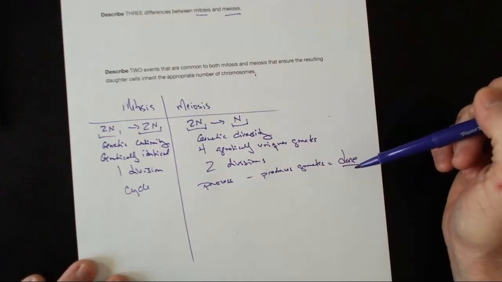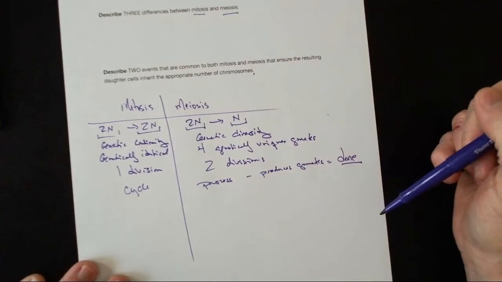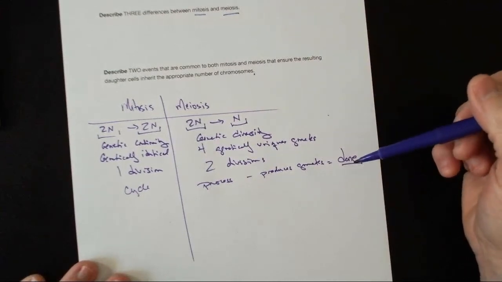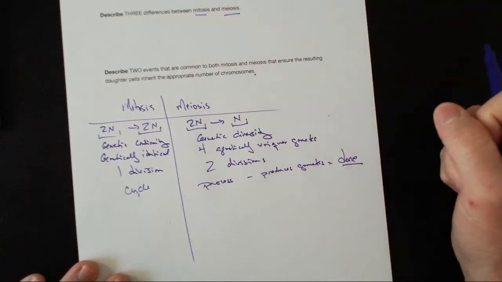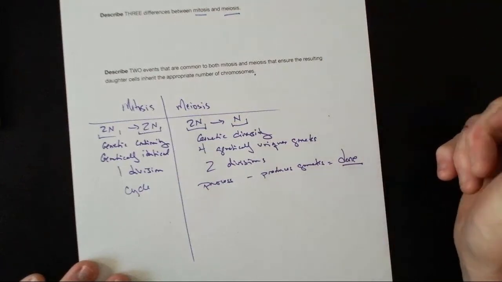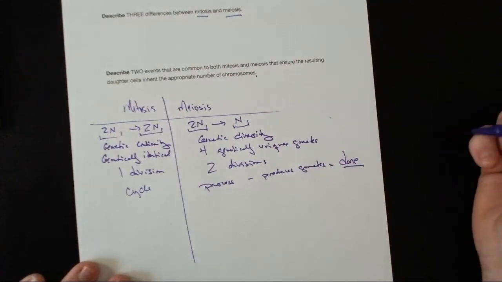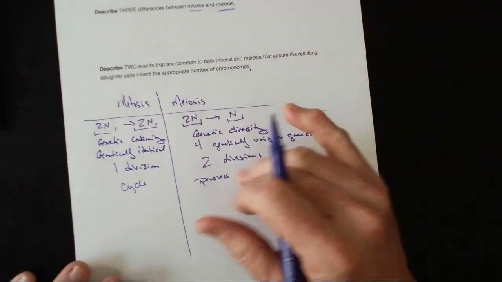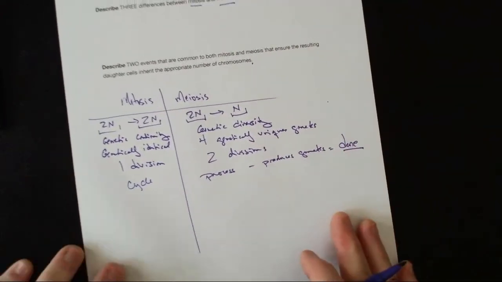Each one of those does not typically go through mitosis. There are some cases where cells go through mitosis, depending especially in plants on when they have the sporophyte and when they have the gametophyte part of their life cycle. But for the most part, once this is done, it's done.